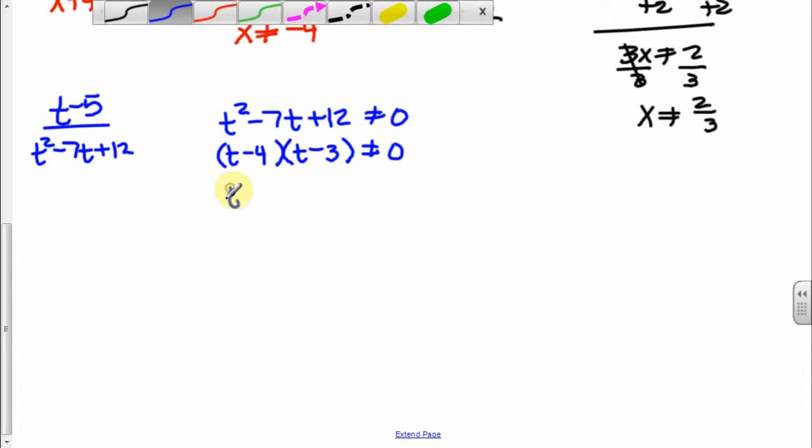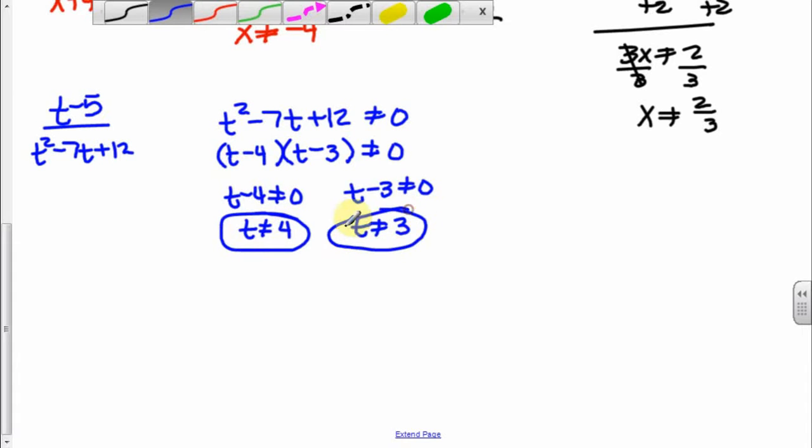Okay? So t minus 4 cannot equal 0, and t minus 3 cannot equal 0. I would add 4 to both sides. I'm not going to show that. t cannot equal 4. I would add 3 to both sides. So t cannot equal 3. So my restricted values are that t can't equal 4 and t can't equal 3.